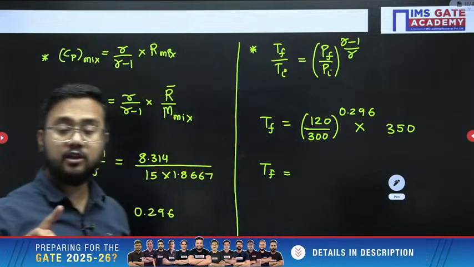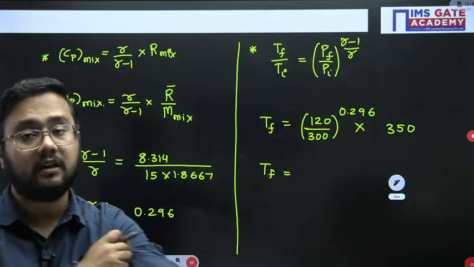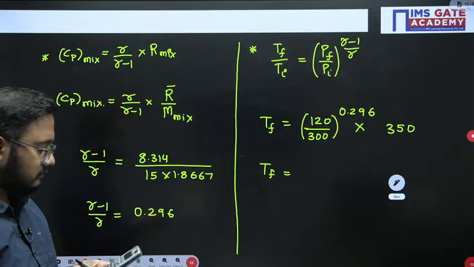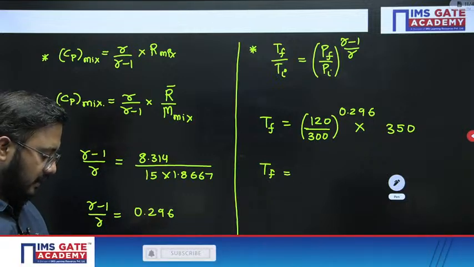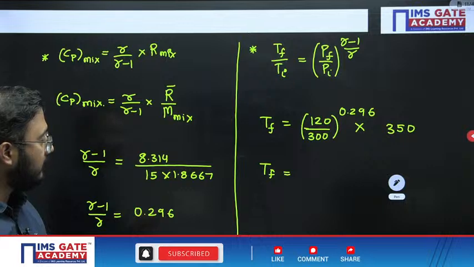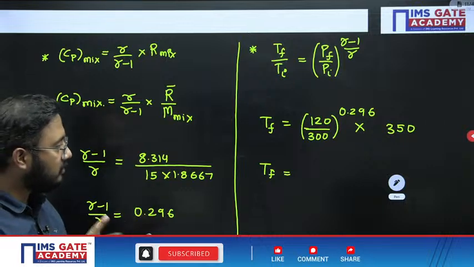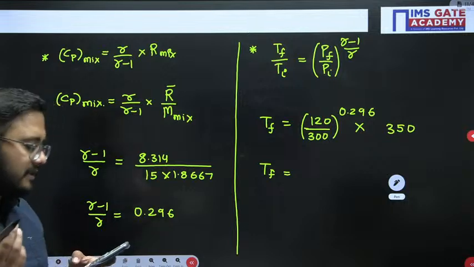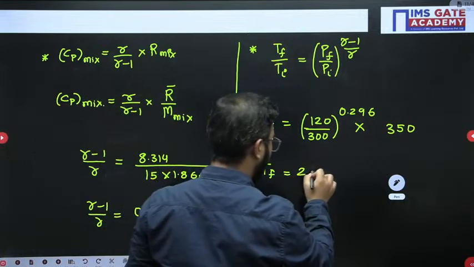Okay, so make sure that correct values you have put in the relation, otherwise you will be getting a wrong answer. So you will be getting 120 divided by 300 to the power 0.296 multiplied by 350. Okay, so 266.85 something it is coming.